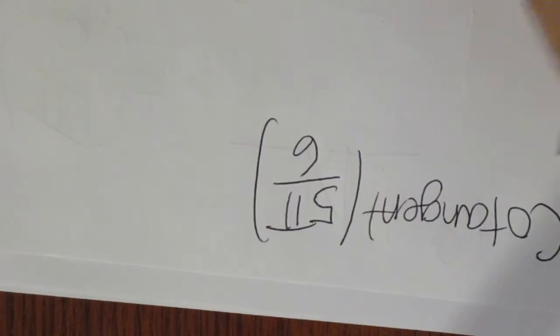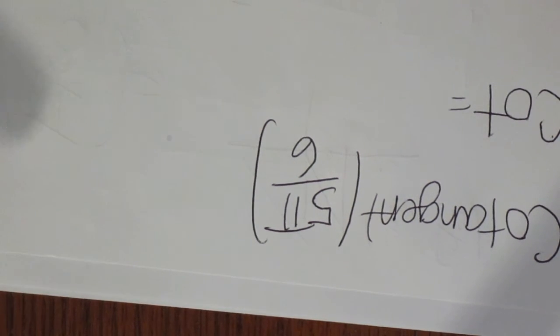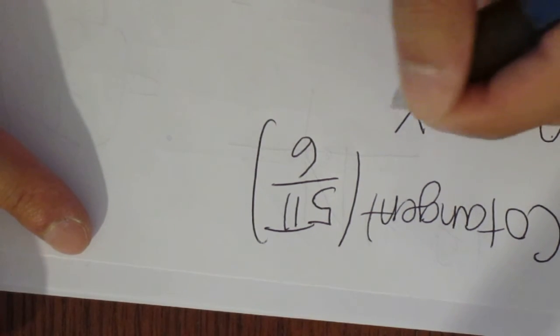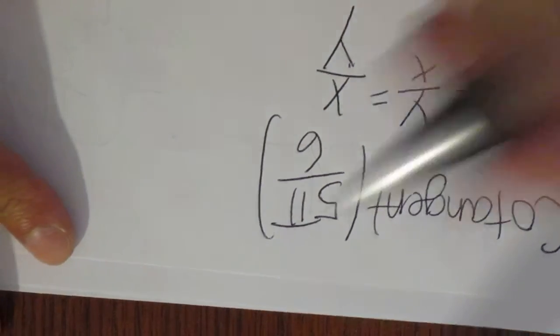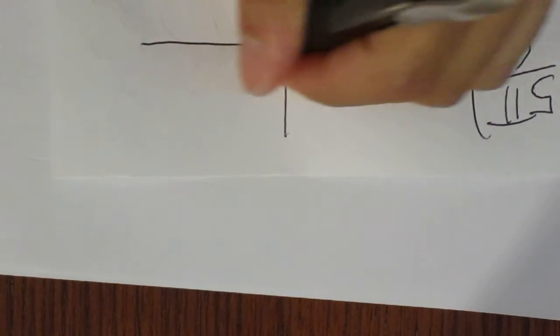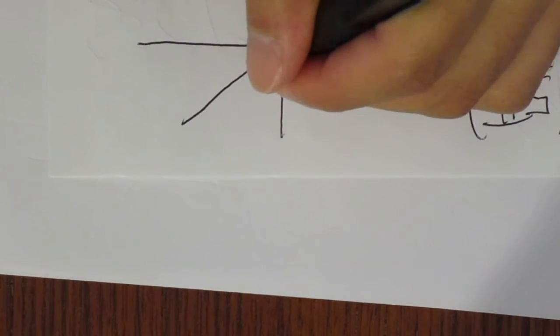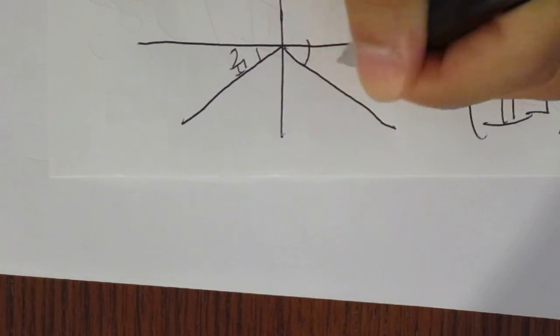Remember, cotangent, cot, is always the reciprocal of tangent. Tangent is y over x, so the reciprocal would be x over y. Then we have to figure out where 5 pi over 6 is on the circle. Here's pi over 6, and 5 pi over 6 is right about here.